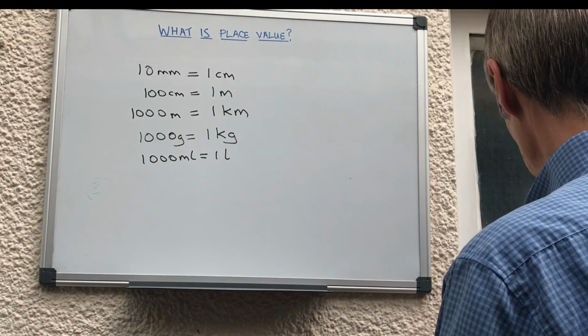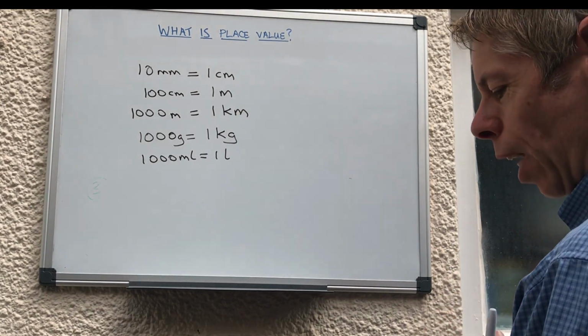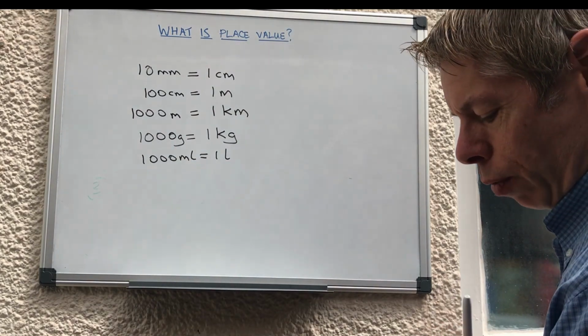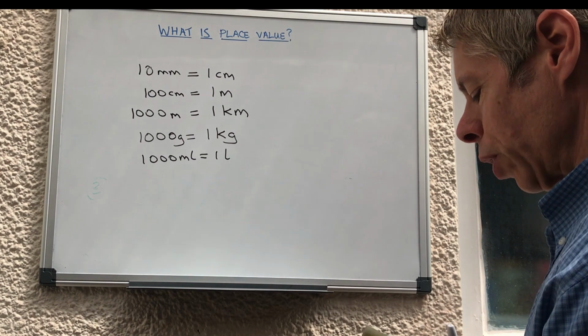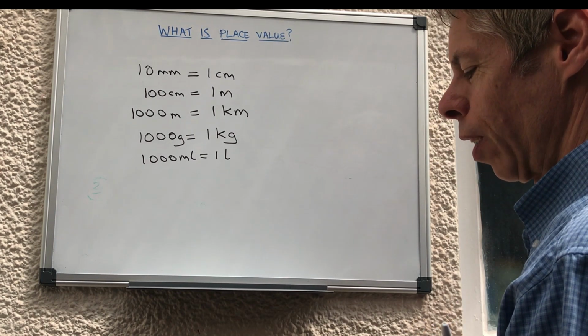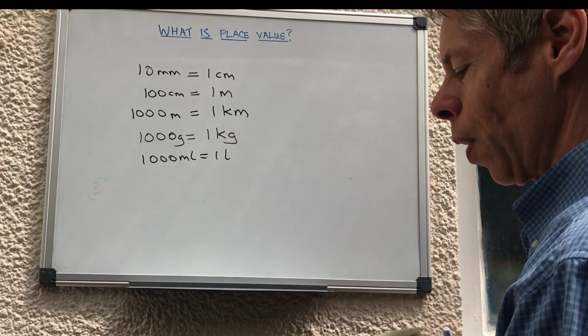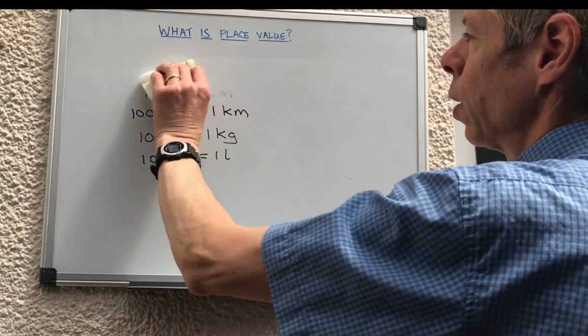Okay, so what I'm going to do now, it's going to be quite a short video, is I'm going to ask you some questions about what the value the 5 has in these different numbers.